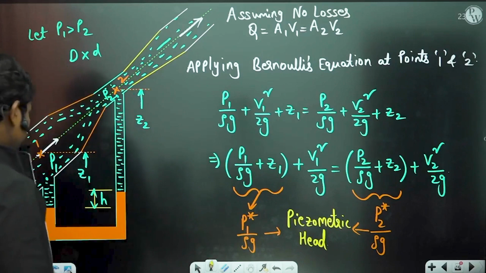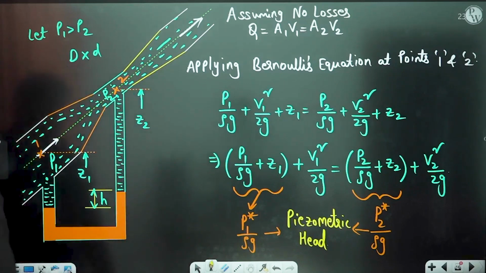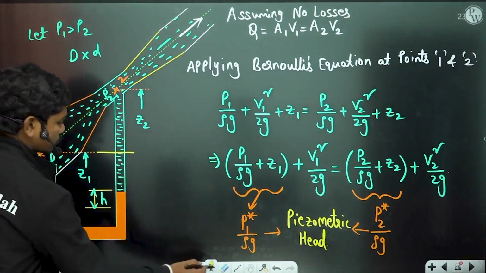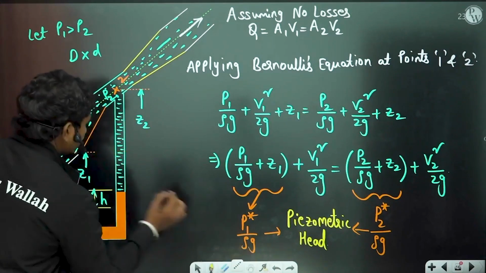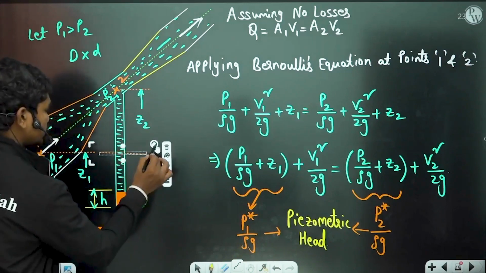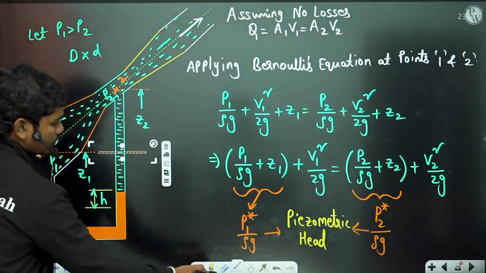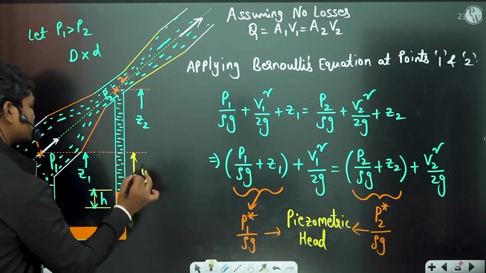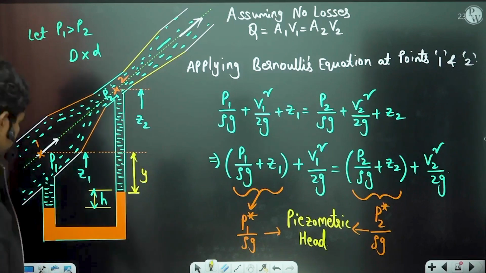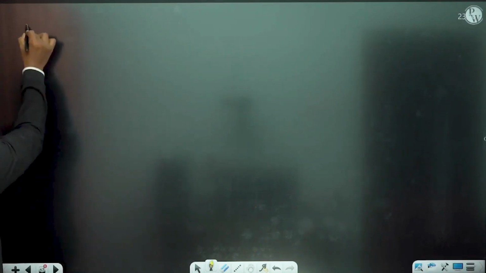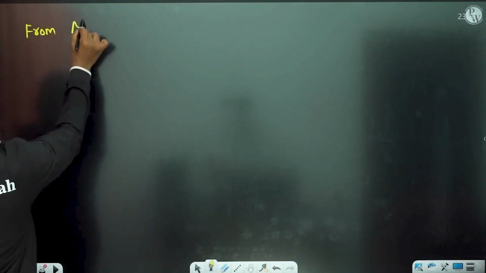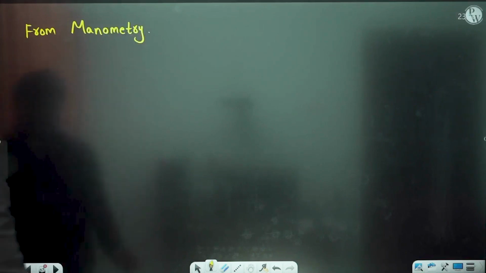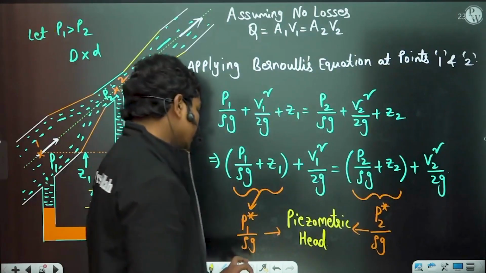Now let us see what we can understand from this manometer. Let us suppose the vertical separation between these two is z2 minus z1, and the distance between these two sections is y, for example. Now from manometry, let us see what comes out from manometers we have seen in hydrostatics.